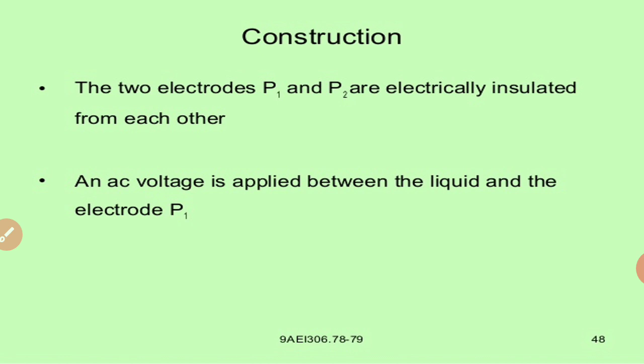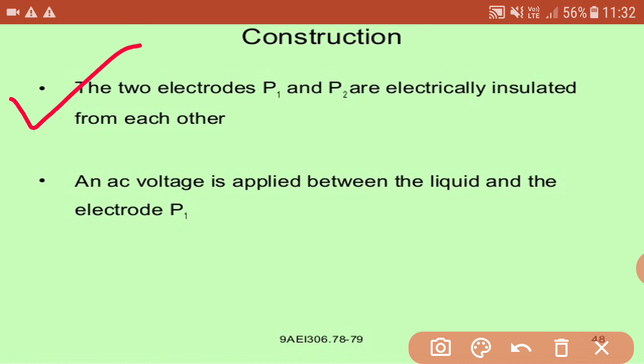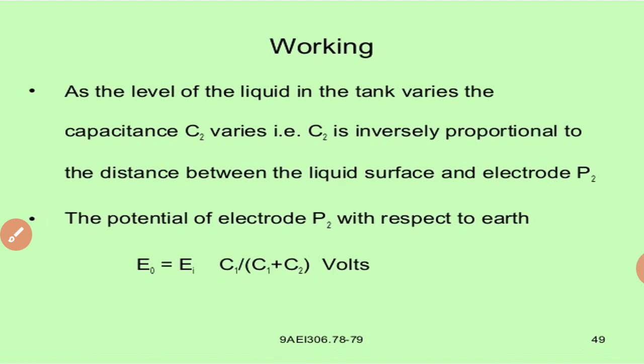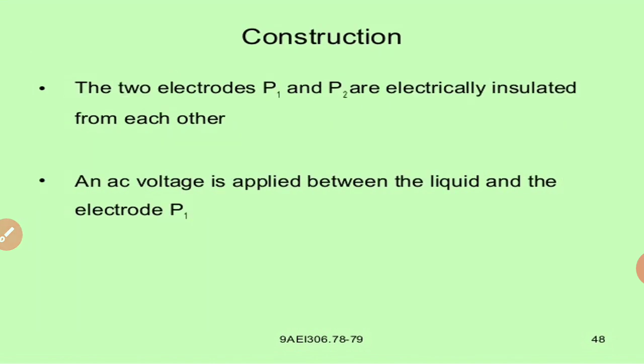The two electrodes P1 and P2 are electrically insulated from each other, meaning there is no electrical connection between P1 and P2. An AC voltage is applied between the liquid and the electrode P1. So the AC source is applied between the liquid and electrode P1.